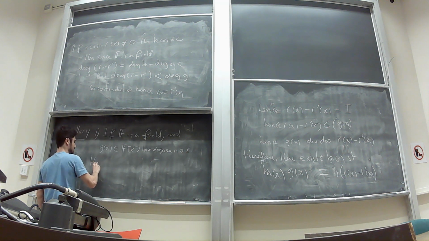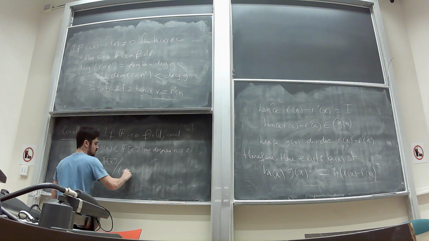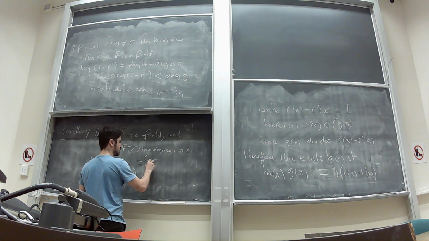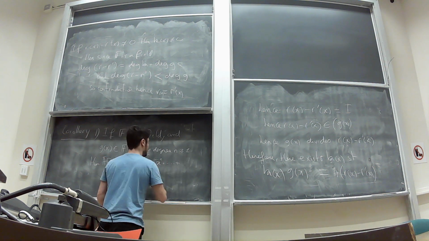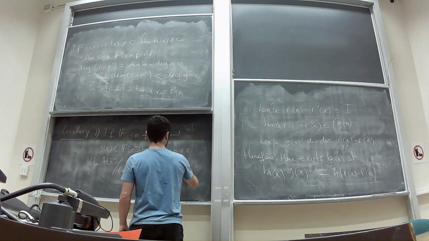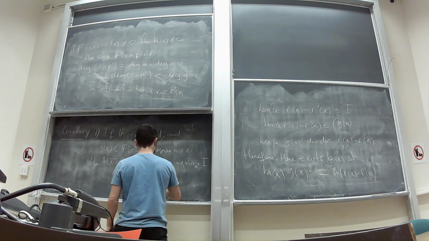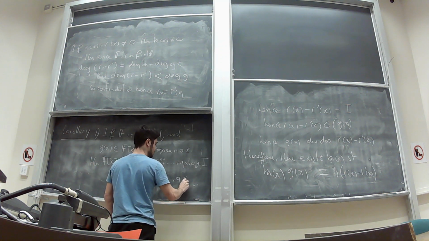Then f of x modulo g of x is equal to a_{n-1} x^{n-1} plus ... plus a1 x plus a0 plus I, where a0, a1, ..., a_{n-1} belong to F.